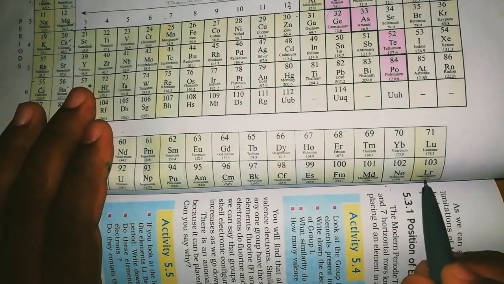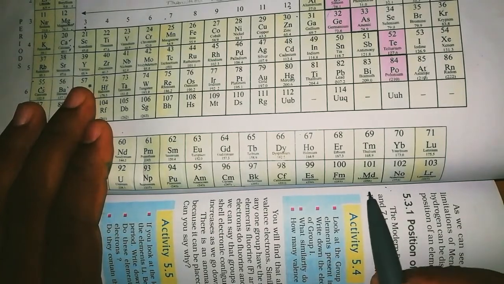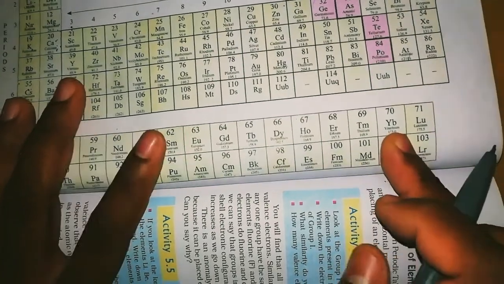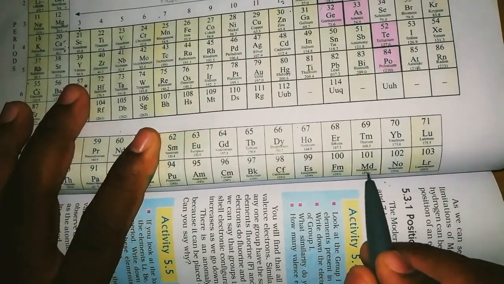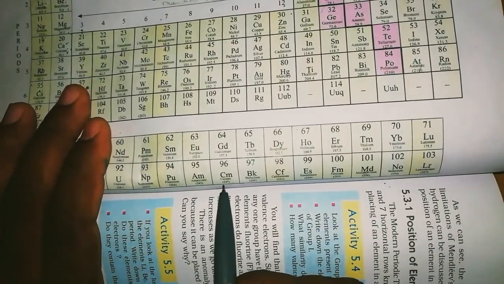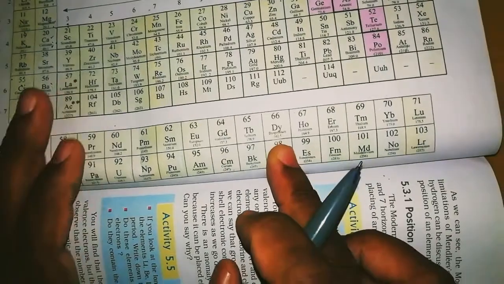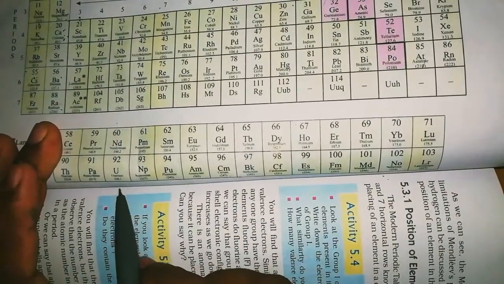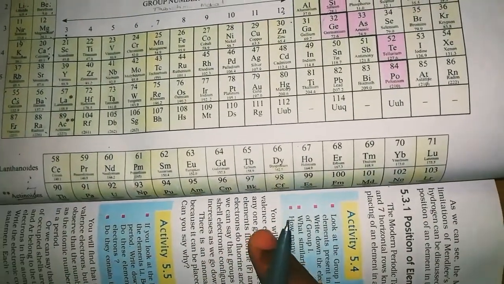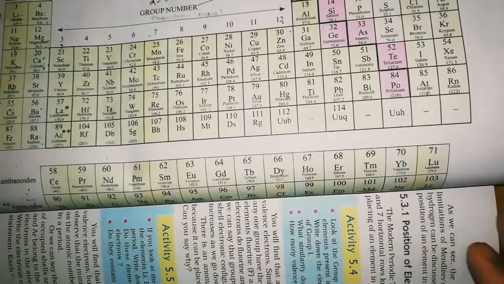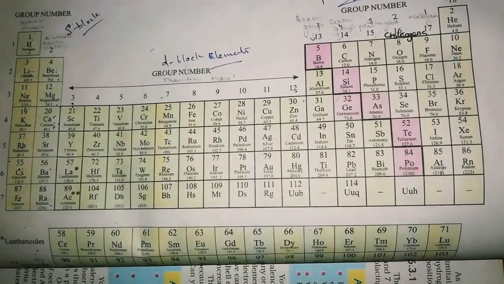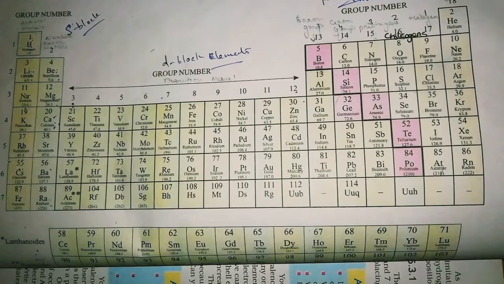And then Lawrencium, Nobelium, Mendelevium to honor Mendeleev, Curium to honor Marie Curie, right? Plutonium, uranium. So all these elements are mostly radioactive elements, right? These are some very important things you should know.